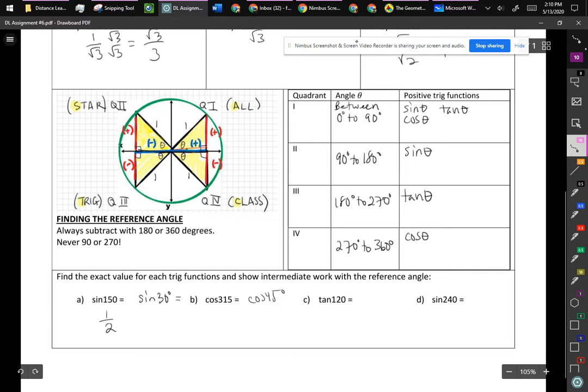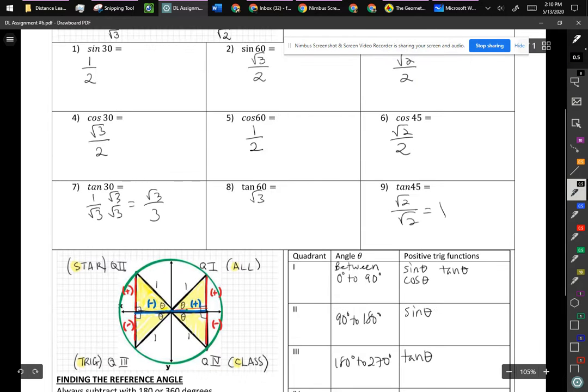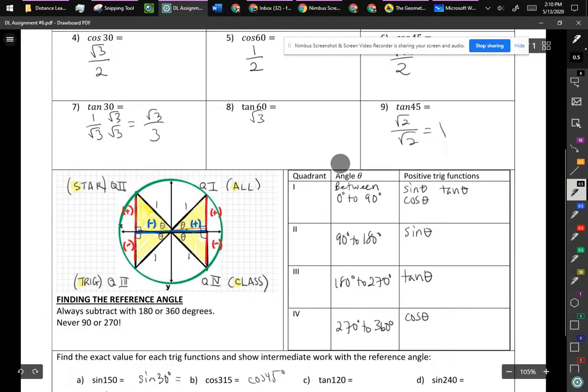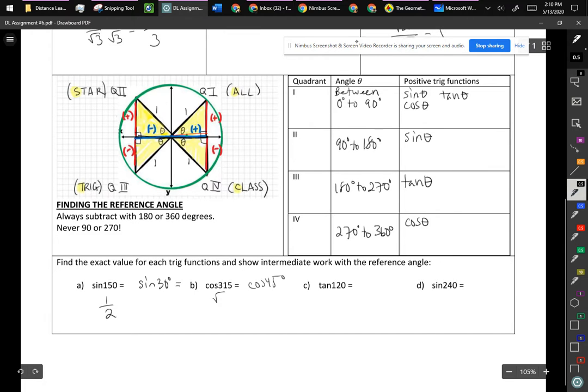If I'm looking at the cosine, it's this blue part here, and it's positive for the quadrant 1 triangle, and it's also positive for the quadrant 4 triangle, which means I could just stick with the positive cosine 45. And so I look up, cosine 45 is root 2 over 2. So I know my answer is root 2 over 2. Really easy.